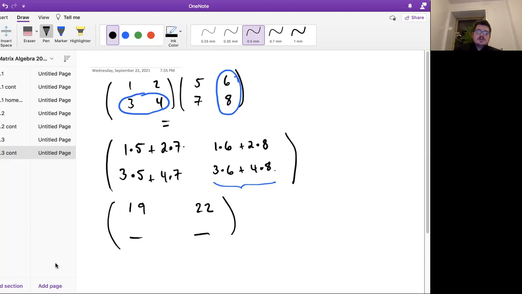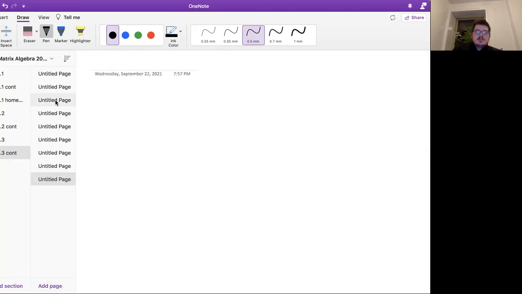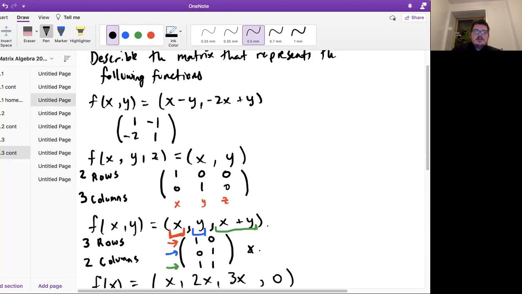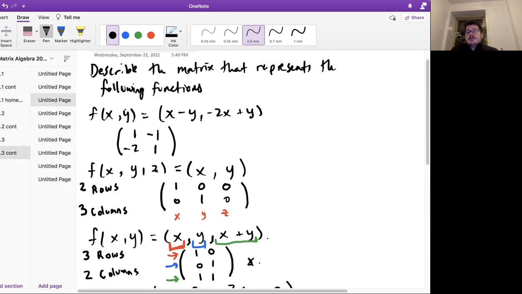So let's do some other ones. Let's do different dimension matrices.